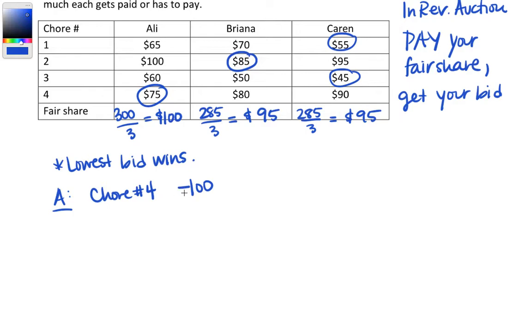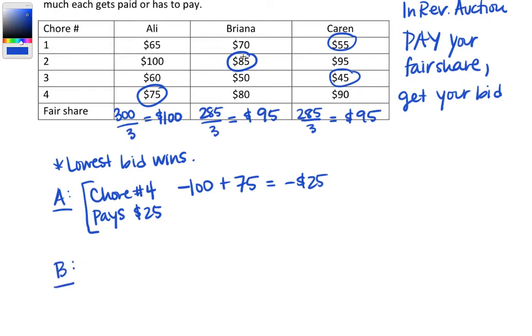When you pay it, it's negative coming out of your pocket, and she gets paid $75 for doing that chore, and that comes out to negative $25. Negative means she pays. So she got chore number 4 and she pays $25.